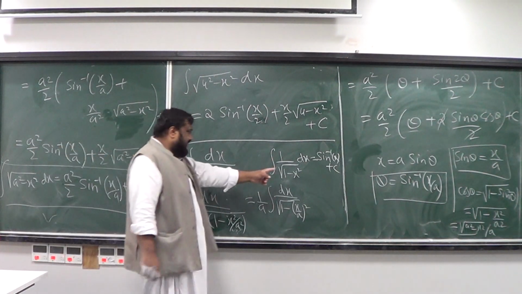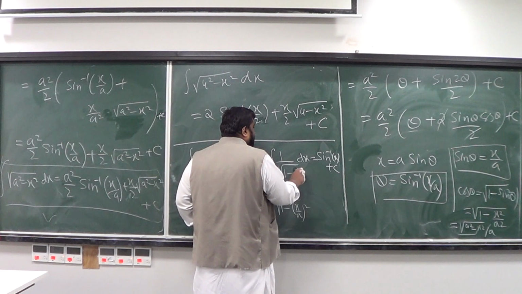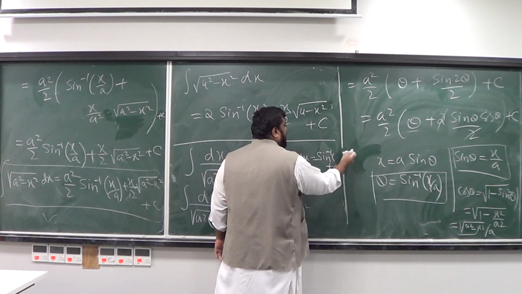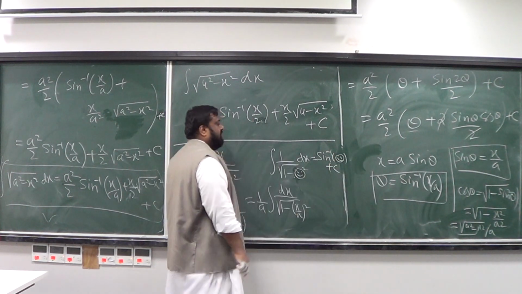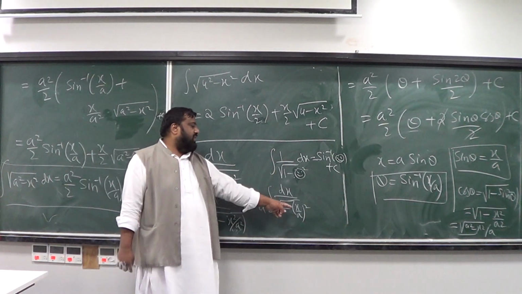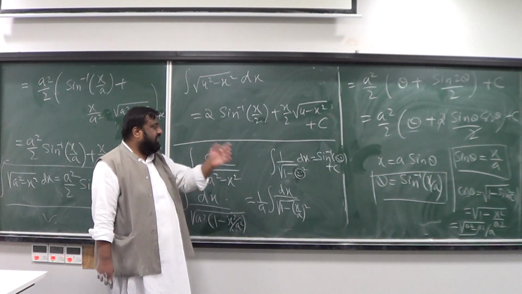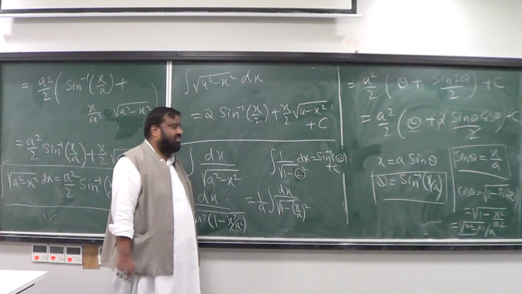You may also interpret this formula as: if you have 1 over the square root of 1 minus W square, you get sine inverse W. So what would be 1 over the square root of 1 minus x over a squared? By this formula, just replace W by x by a.